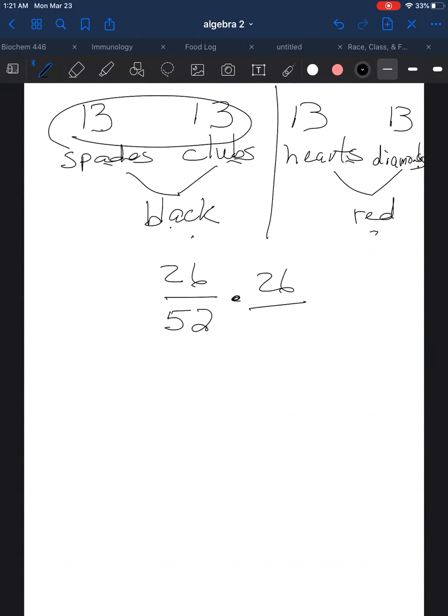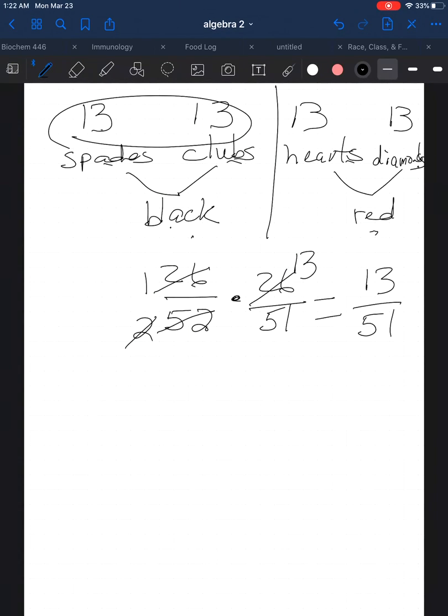But we pulled out a red card. So instead of having a total of 52 cards, we only have how many left? There's only 51. Okay, now reduce that. This is 1 over 2. And then 2 will go into 26, 13. So it'd be 13 over 51.